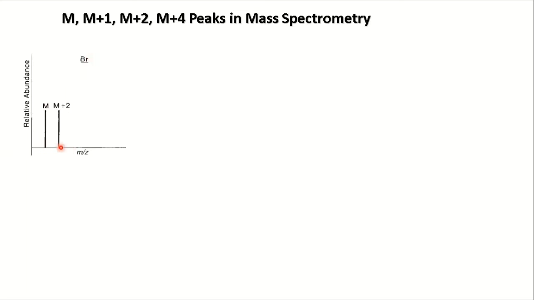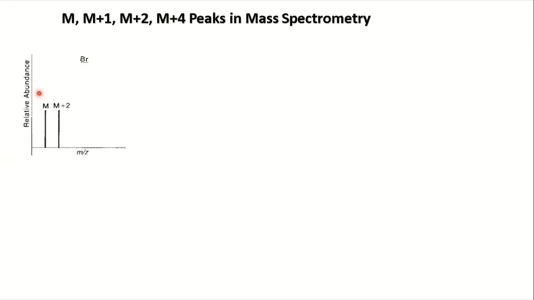And this is very characteristic. Whether a molecule has bromine or not, you can just look at the mass spectrum and quickly tell, because every peak will have almost a similar ratio. Two peaks will be there if you have one bromine.